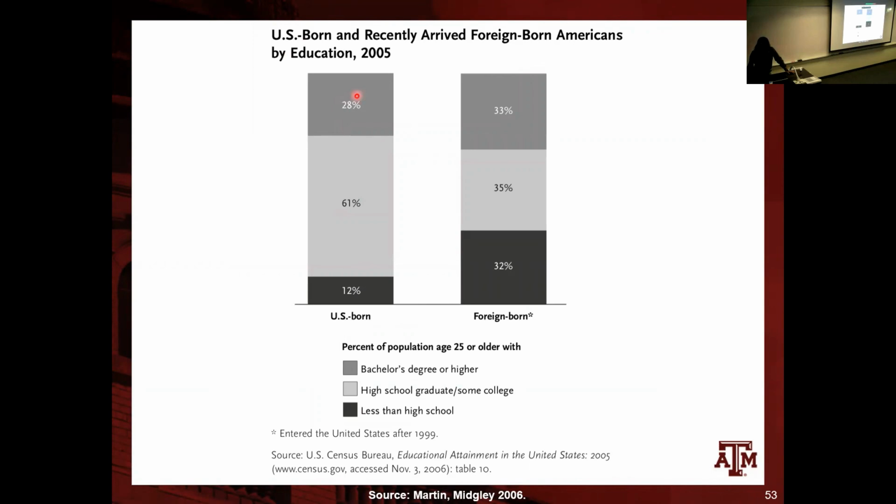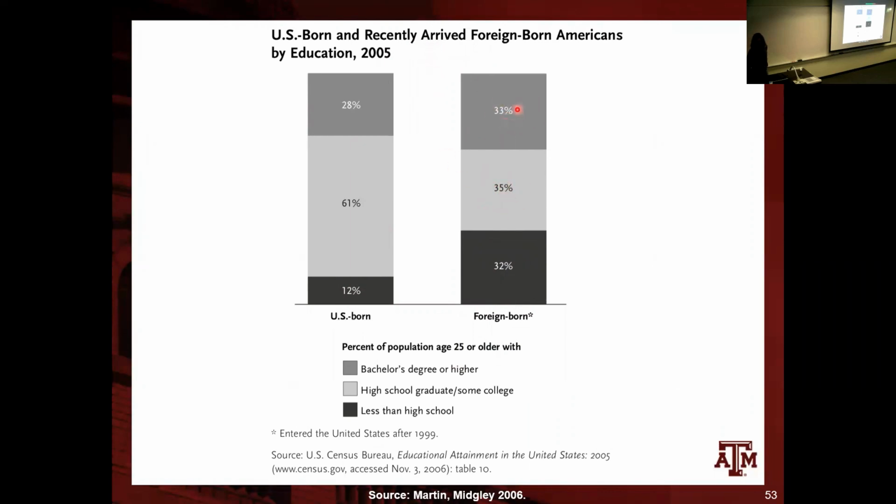US born and recently arrived foreign born Americans by education. Overall, the recent arrivals, in 2005, 32% of foreign born have less than high school, compared to 12% of US born. So yeah, the levels of education overall is lower of the ones that recently arrived in the US.